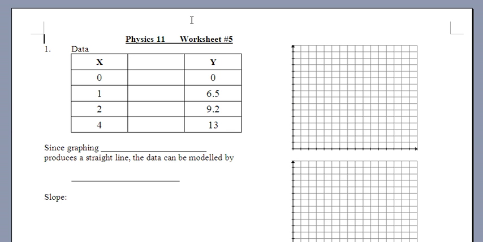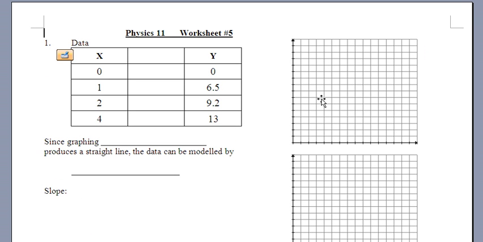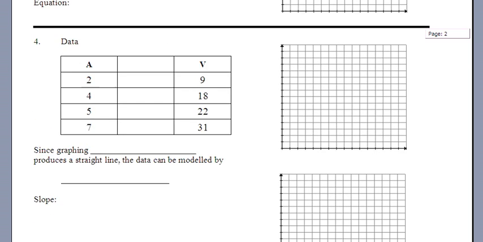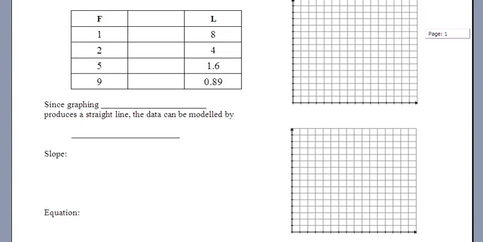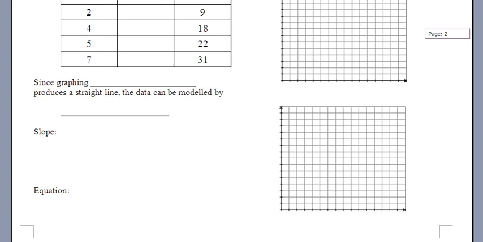So your homework with this lesson is this document here, worksheet number 5, where you're just going to repeat the 3 curves we looked at. They're mixed up in terms of their order. So you're going to create a first graph. It'll be curved in some way. You're going to modify your x-axis, regraph it, turn it into an equation. You'll notice, though, that there's, whoa, weird. What's going on? There's 4 different graphs, and we only talked about 3 curves.